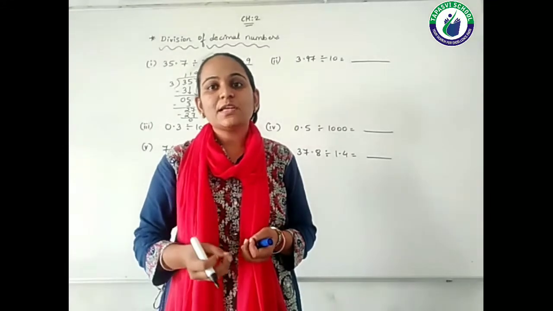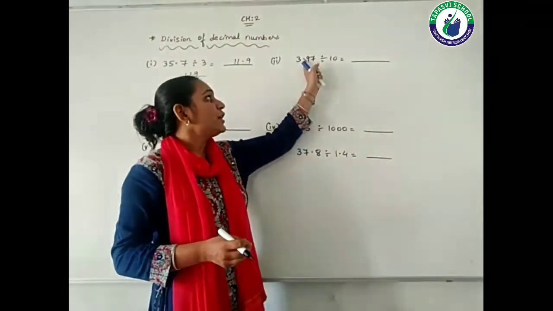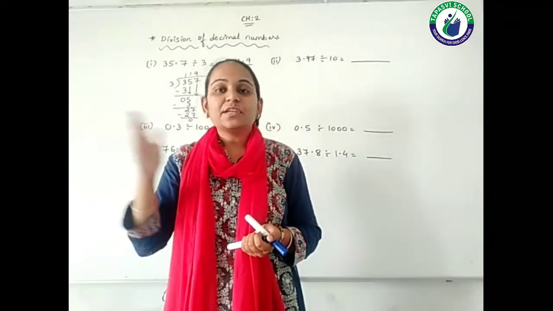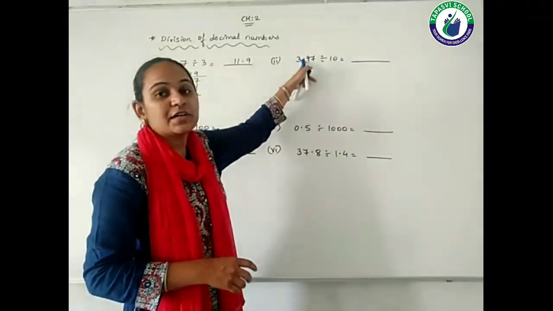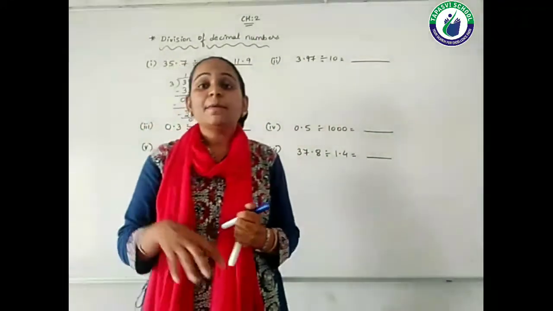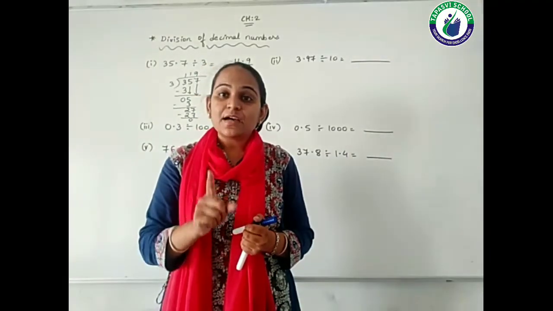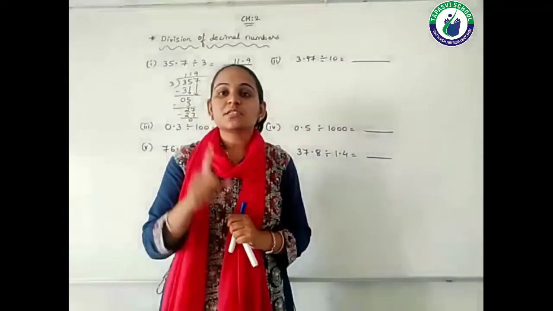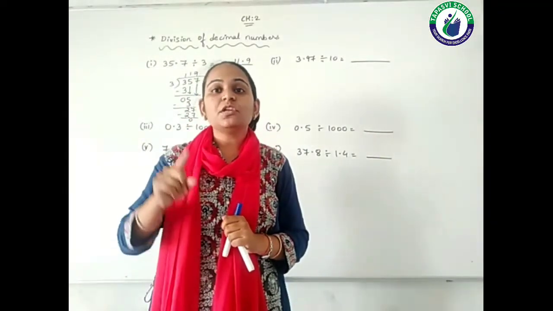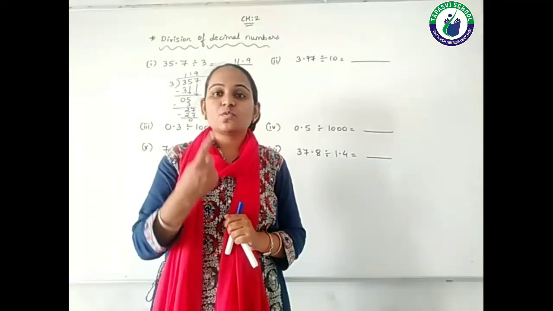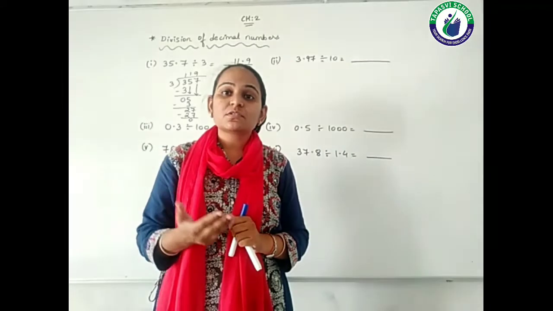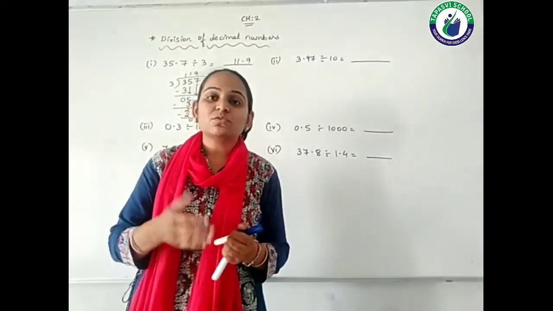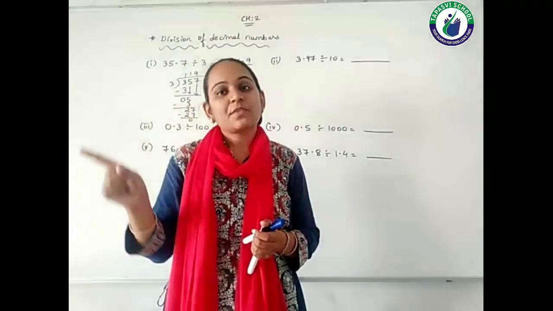What is that short trick? I will explain to you. You have to move this decimal point to the left hand side. But how many places to move, that answer will be given by this number, right? Here how many zeros are in 10, students? 1. So as many zeros as there are, that many places you have to move. So 10 has 1 zero, 100 has 2 zeros, 1000 has 3 zeros. That means you have to jump the decimal point to which side? Left side.